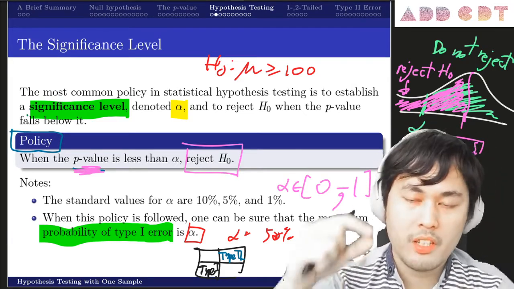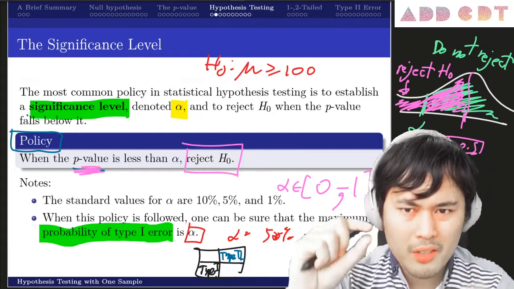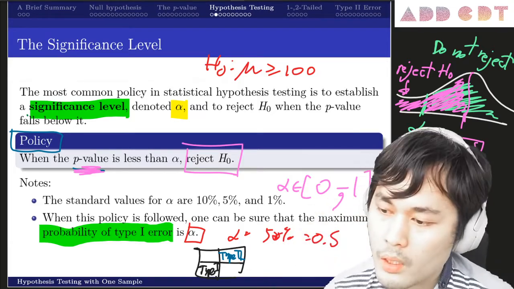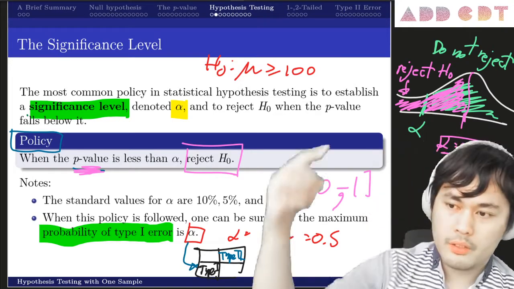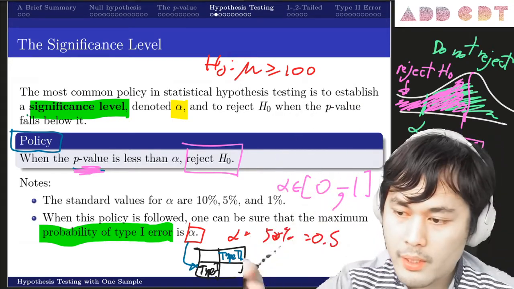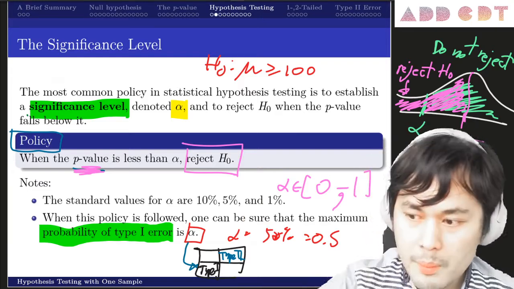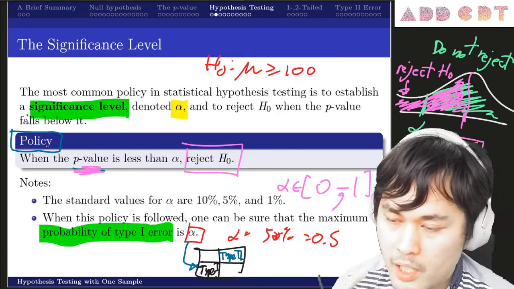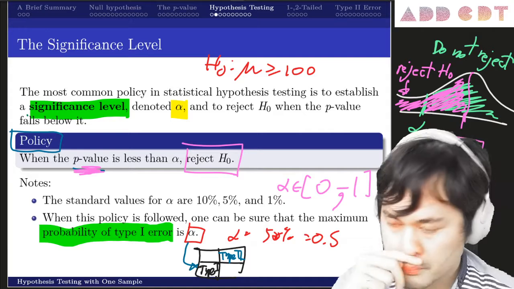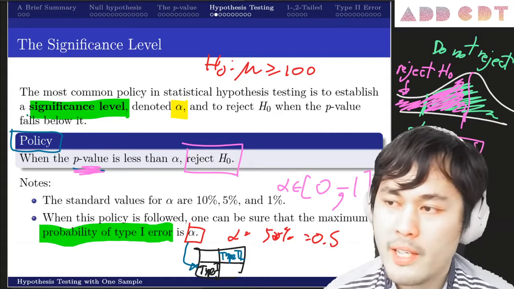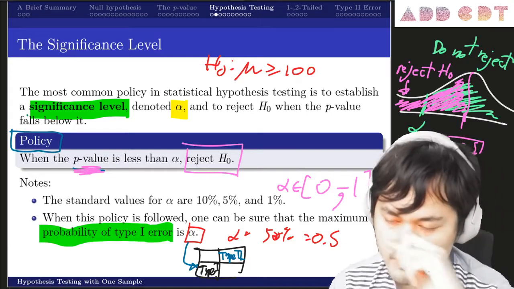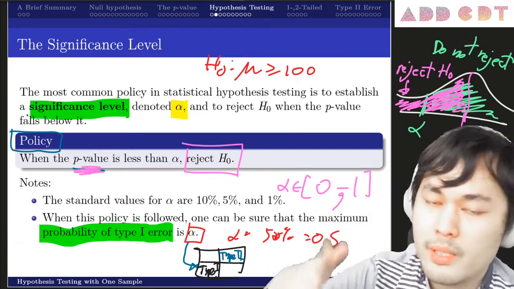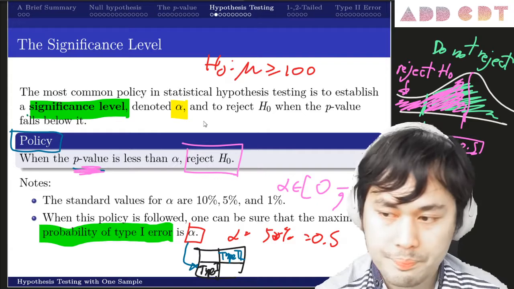So these two numbers are going to be not too small, but not too high. This alpha corresponds to that entry on the bottom left, and it is the probability that we commit a type 1 error. Usually alpha is going to be like 5%, 10%, 1%, those sharp numbers that are easy to compute.